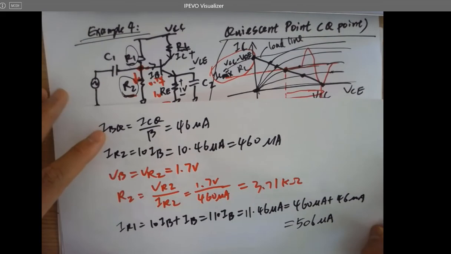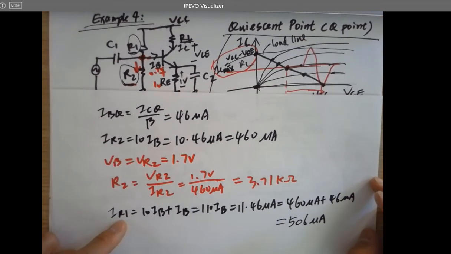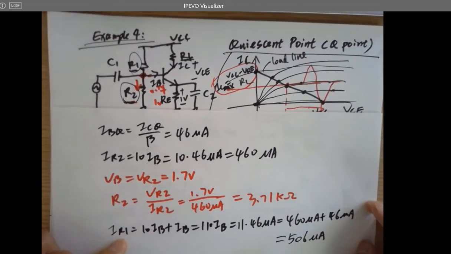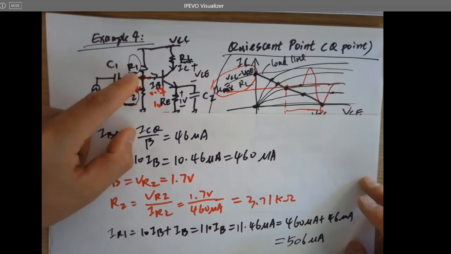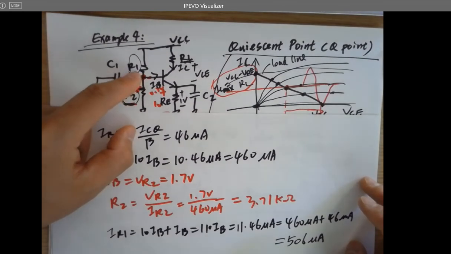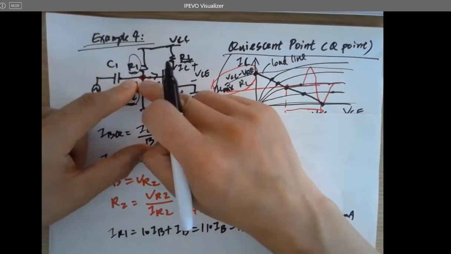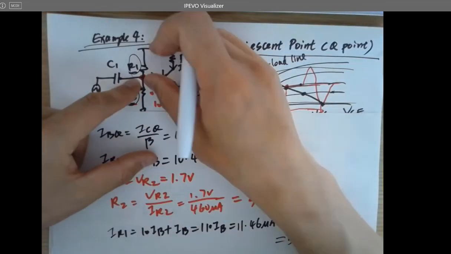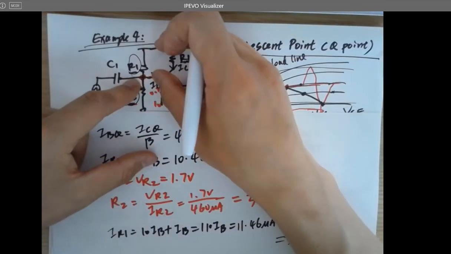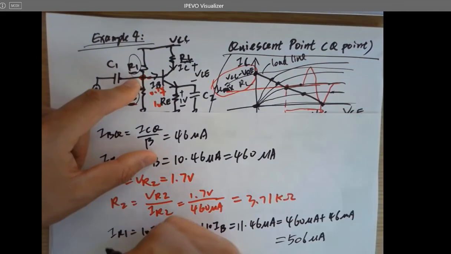And why do we want to calculate R1? Because we want to calculate R1 so we can design the circuit. We can plug in R1. So we know IR1, we know VCC, we know VB. You know the voltage drop and you know the current, so you can calculate R1.